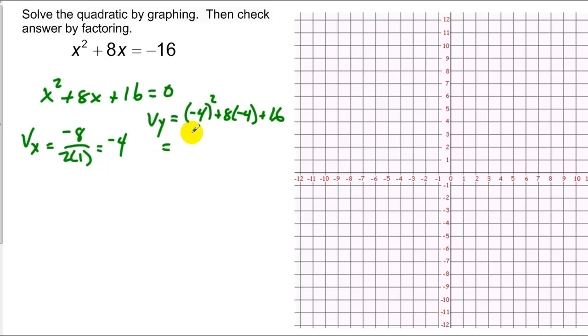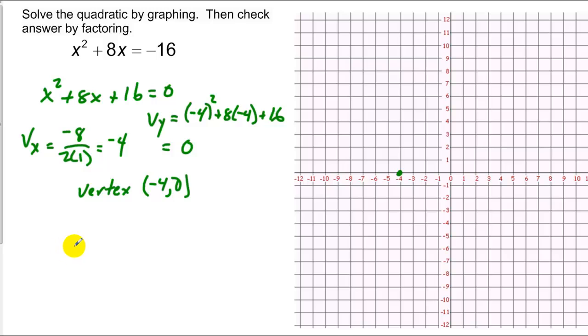This gets me 0. So I have a vertex of negative 4 and 0, which is kind of convenient. Negative 4 and 0 happens to be here.